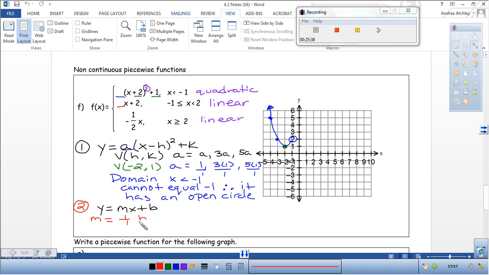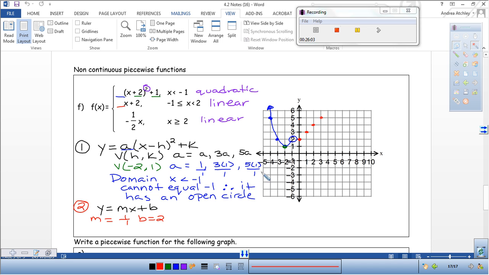And then we want the y-intercept. Diane, what is the y-intercept here? 2. Okay, so we're going to begin at 2 on the y-axis, and then just move up 1 over 1, up 1 over 1, up 1 over 1.